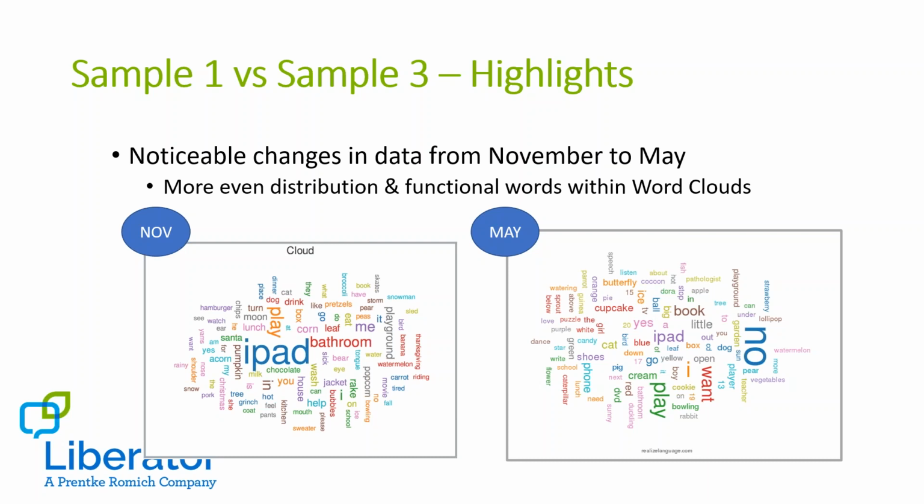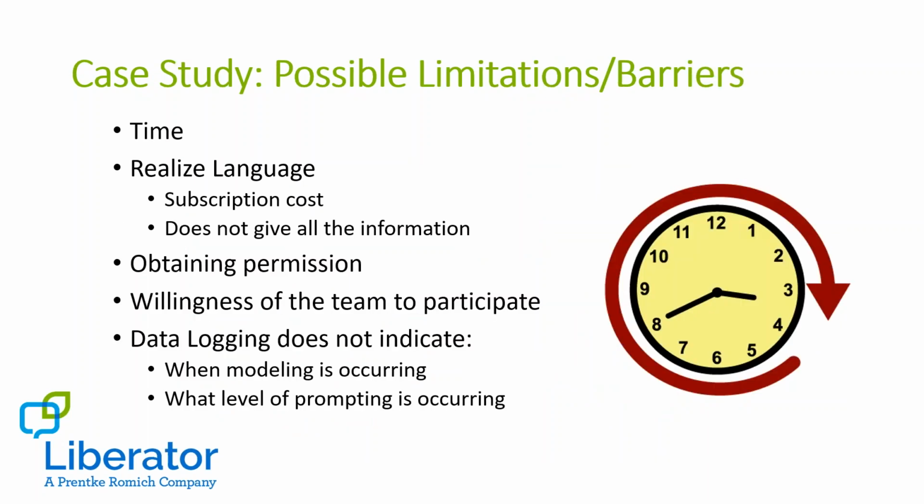And you can see some more verbs in there, things like want and play, and some adjectives like yellow and big. So just really nice to see, and that reflects that broadening of the types of words that he's using between those samples.